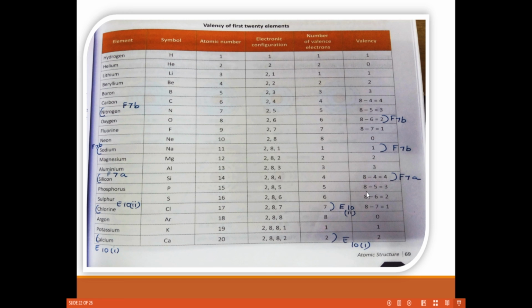Here also we have to use that formula. 8 minus 4 is equal to 4, because the number of valence electrons is 4, so the valency is also 4. Here the number of valence electrons is 5, so 8 minus 5 is equal to 3. The number of valence electrons for oxygen is 6, so 8 minus 6 is equal to 2.